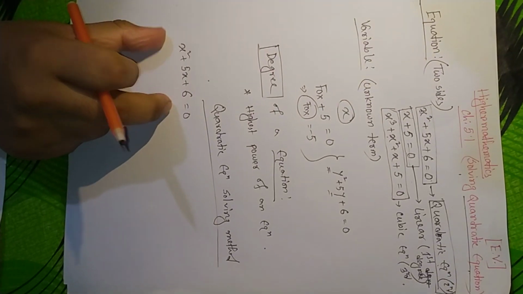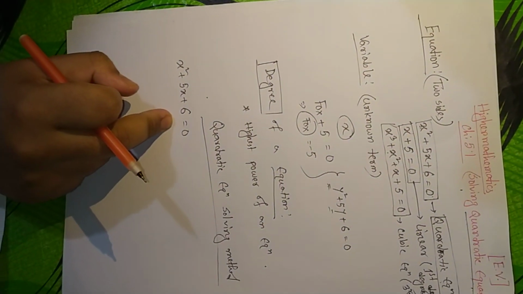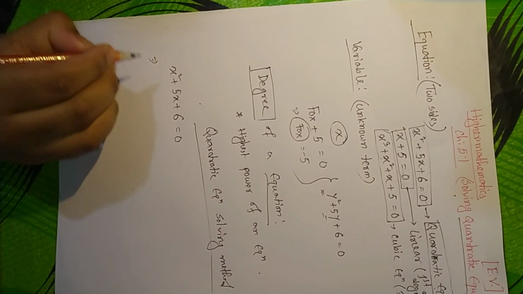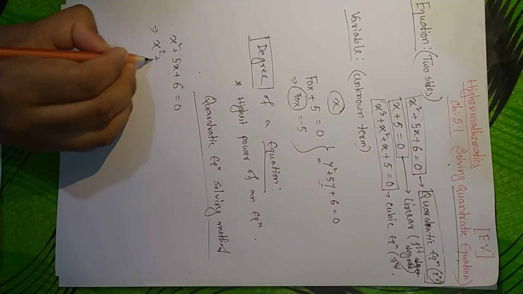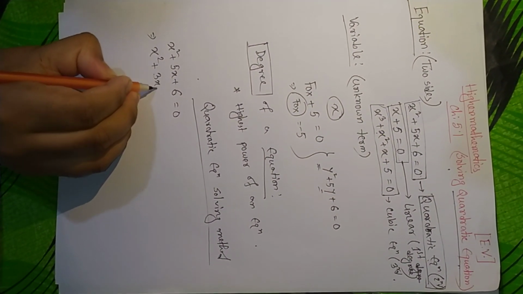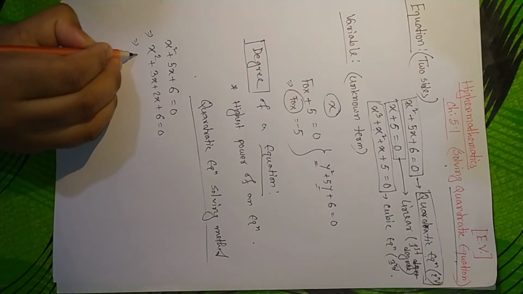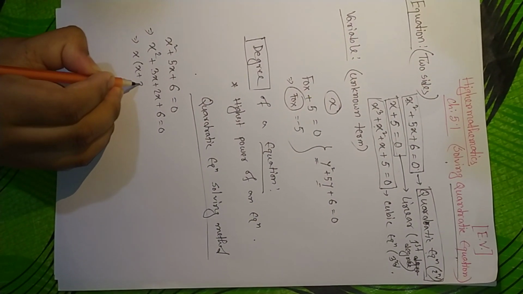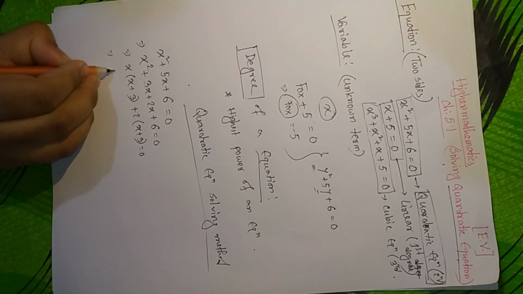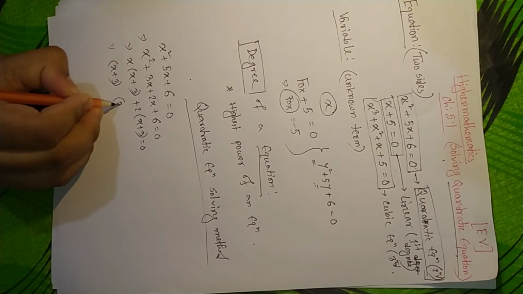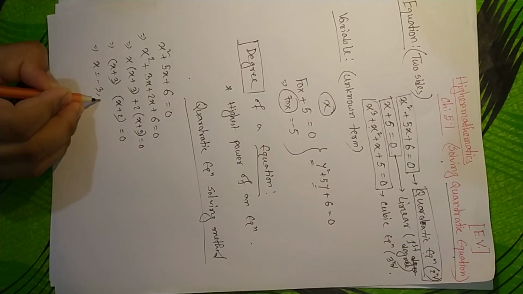This is a quadratic equation, and it can be solved very easily by yourselves. By which method? Yes, the middle term method. By the middle term you can take x common, then x plus 3 plus 2 into x plus 3, and finally we get x plus 3 and x plus 2 equal 0. Then finally we get x equals minus 3 and minus 2.